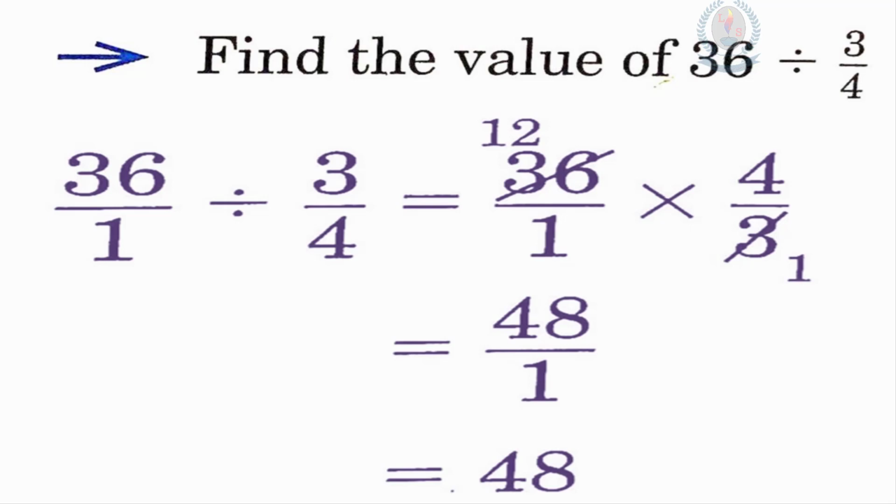Here children, remember, the fraction you turn upside down is the second fraction of the sum, not the first fraction. The second fraction that you can see in the example, 3 by 4 only, I have turned into 4 by 3. I didn't change the 36 by 1. I didn't change the first fraction. So the fraction you turn upside down is the second fraction.